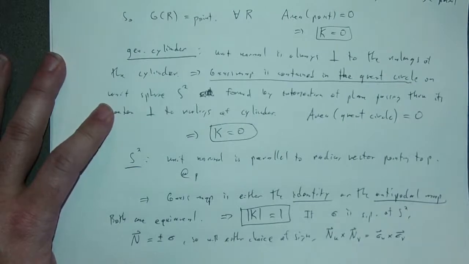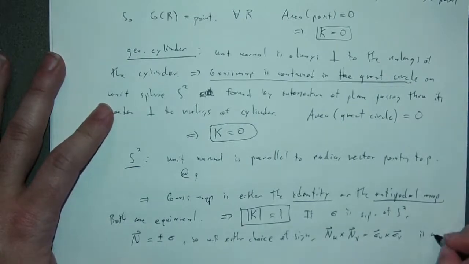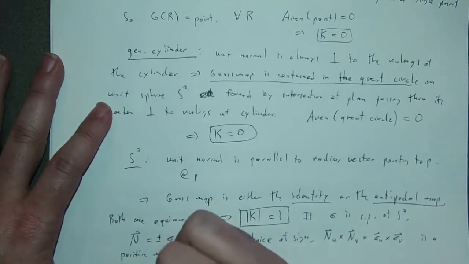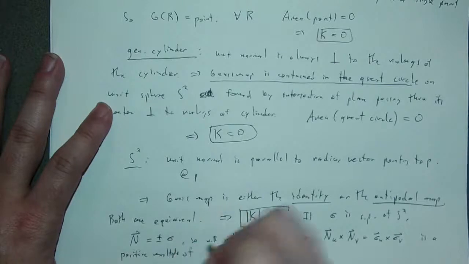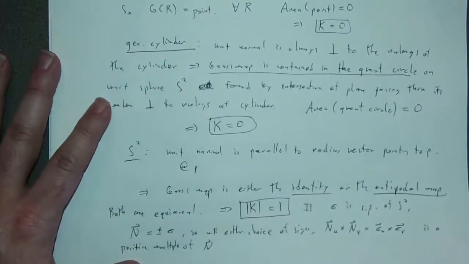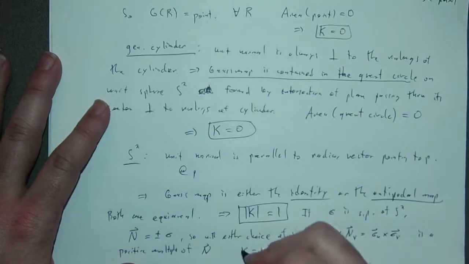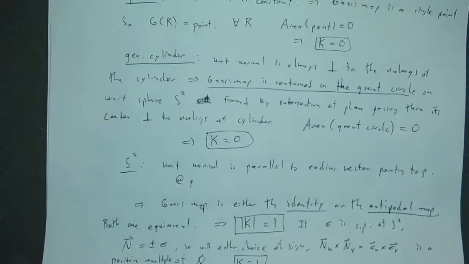Okay, and this is a positive multiple of the standard unit vector, so I know that it actually has to be positive 1. Okay.